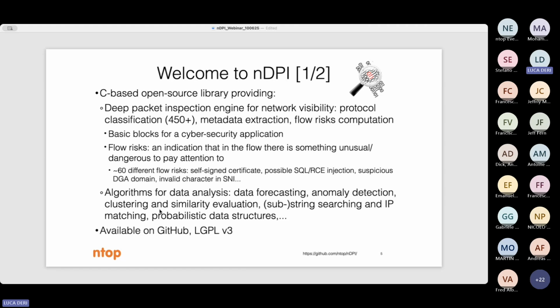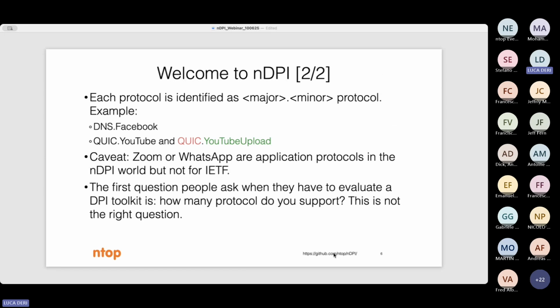So we have implemented all those features, or we have implemented the efficient substring matching that is used by nDPI to match, for instance, host names or eventually URLs, for instance, for malware detection. And nDPI is available on GitHub, so you will see the link here at the bottom of this slide, as LGPL version 3, free and for everybody.